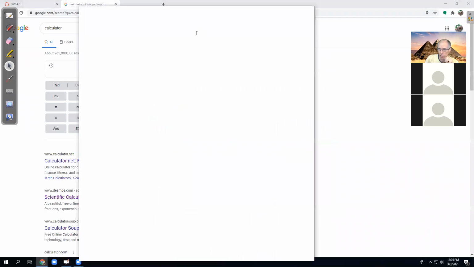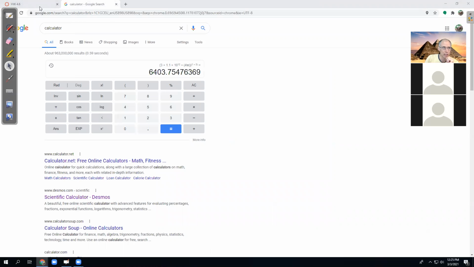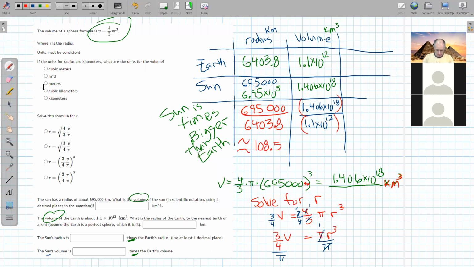So I'm going to pull this to the side so I can write it down correctly. That's just the number of times bigger. I don't have to use kilometers or anything, because the top number was kilometers cubed and we divided by kilometers cubed, and those divide out.